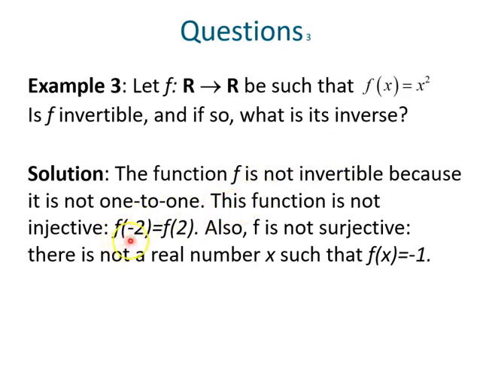For example, f of negative 2 is equal to f of 2, and negative 2 is different from 2. So it is not injective, and therefore it is not a bijection. For that reason, f does not have an inverse function.